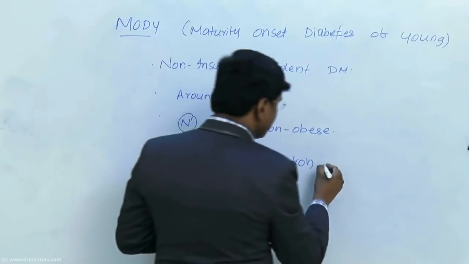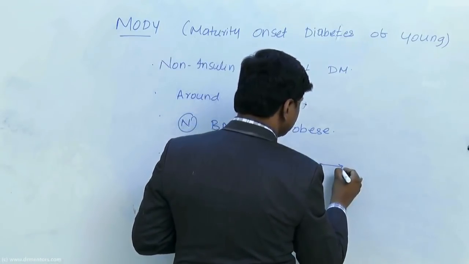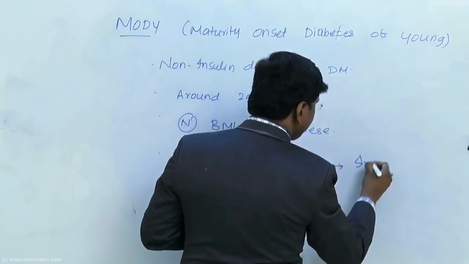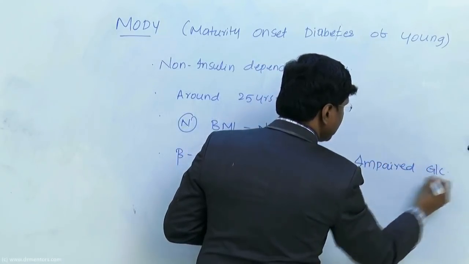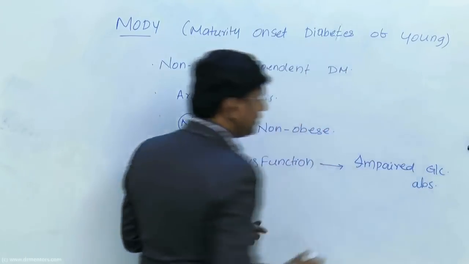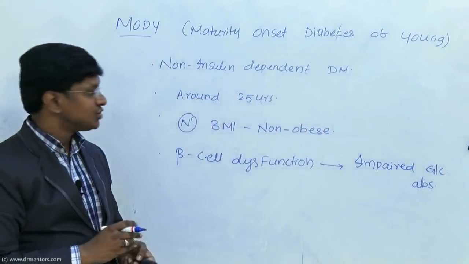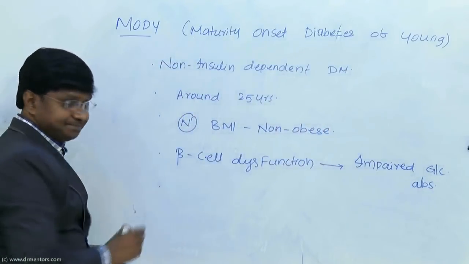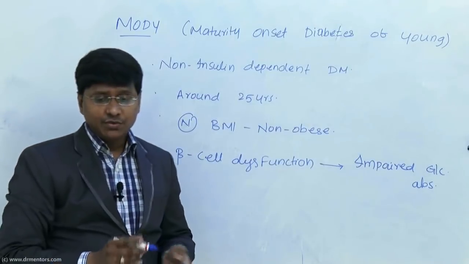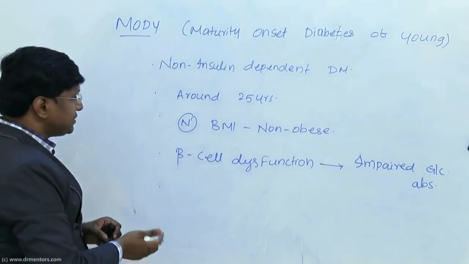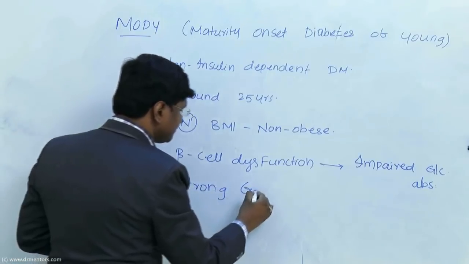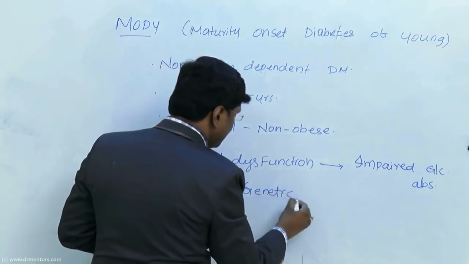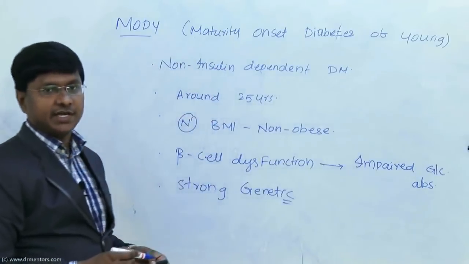So because of this beta cell dysfunction, there is impaired glucose absorption. Now you see here, in these individuals, they will have very strong genetic inheritance.